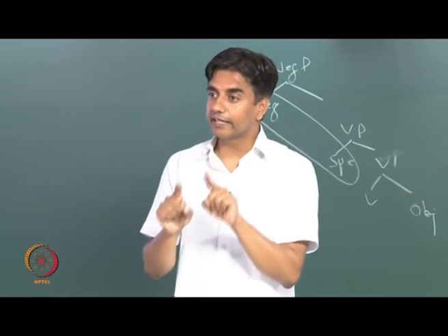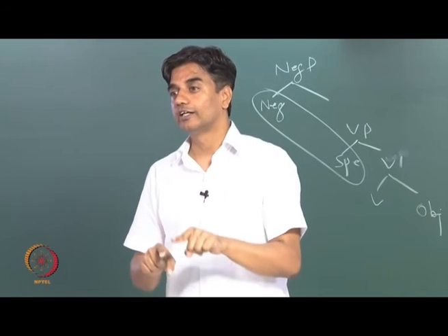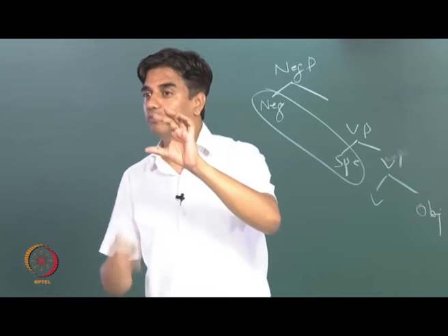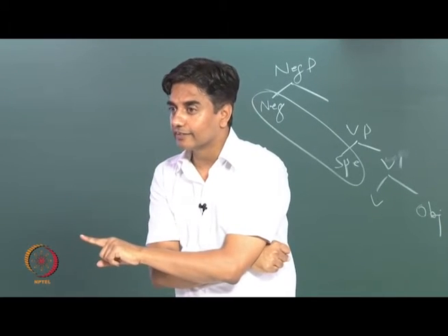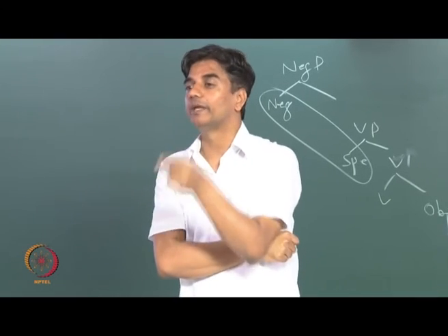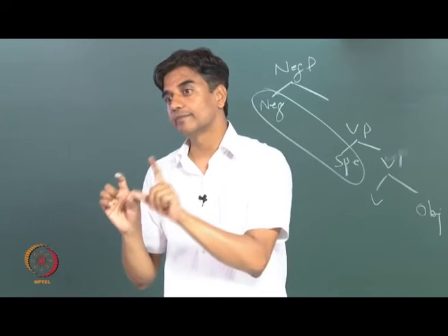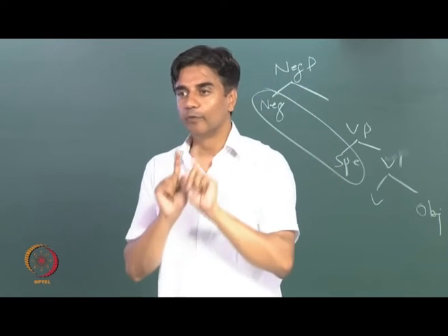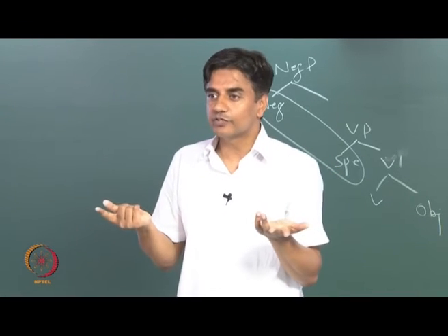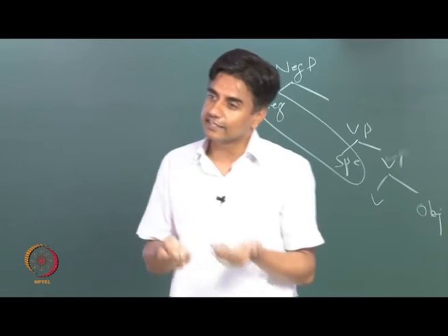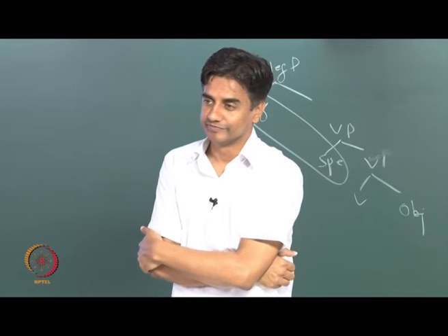Licensing of negative polarity item therefore becomes an evidence for ordering of movement operations. Only after being licensed by negation, if the need happens to be that way, subjects can move. See, movement of subject is for every sentence, but licensing is related only to the sentence where you have a negative polarity item and a negative word.